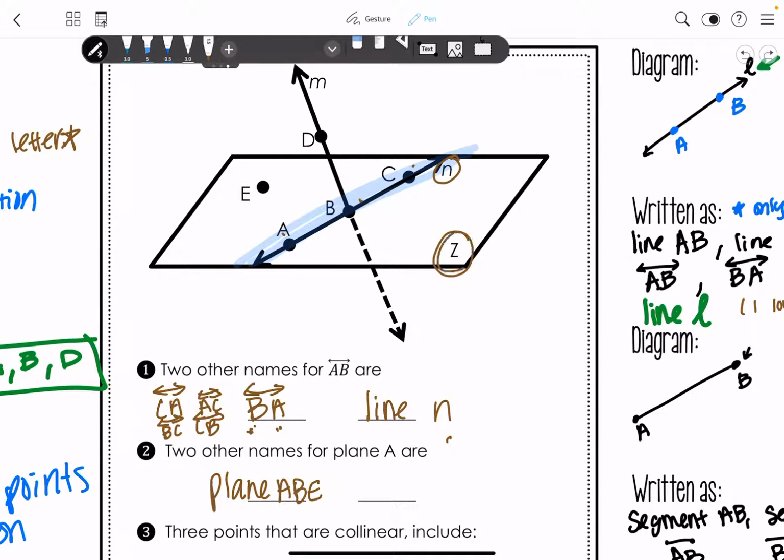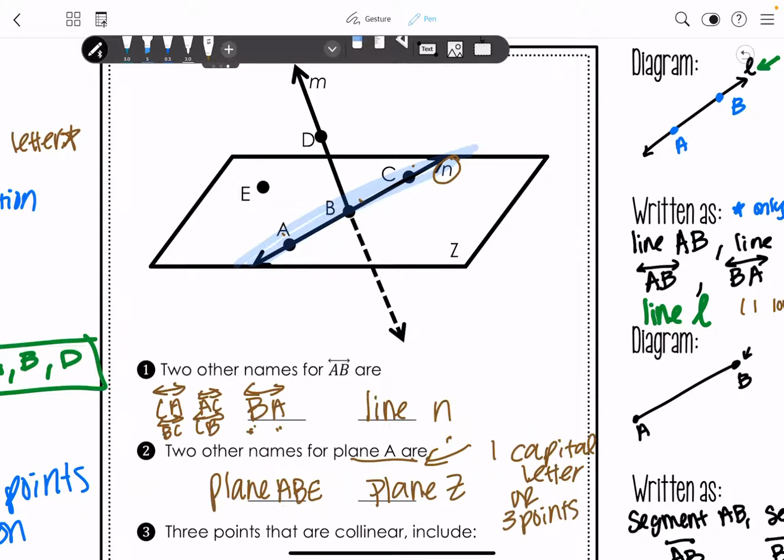And you might have noticed this capital letter here just kind of floating without a point next to it. It's not a point. That's how you name a plane if it's given. Planes use 1 capital letter or 3 points. And you'll notice they called it plane A. Well, that was including 1 point. So we could also call this plane B, plane C, plane E.